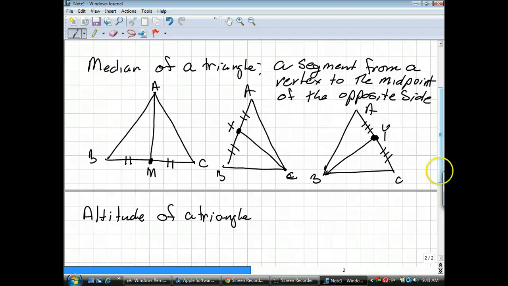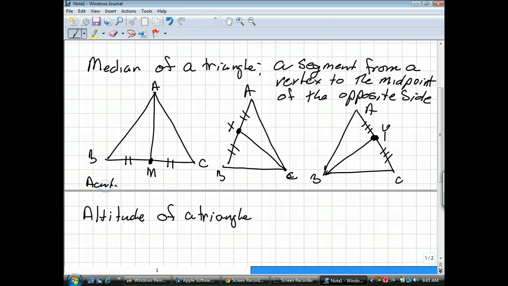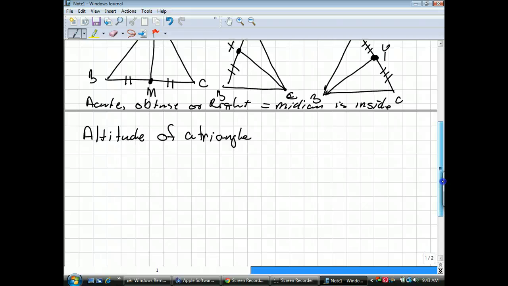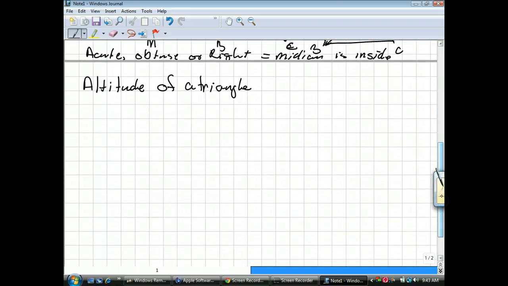And that's going to be important later. So if you have acute, obtuse, or right, doesn't matter what kind, the median is inside. And you'll see in a minute why that makes a difference, because for the altitude, it's not always inside.